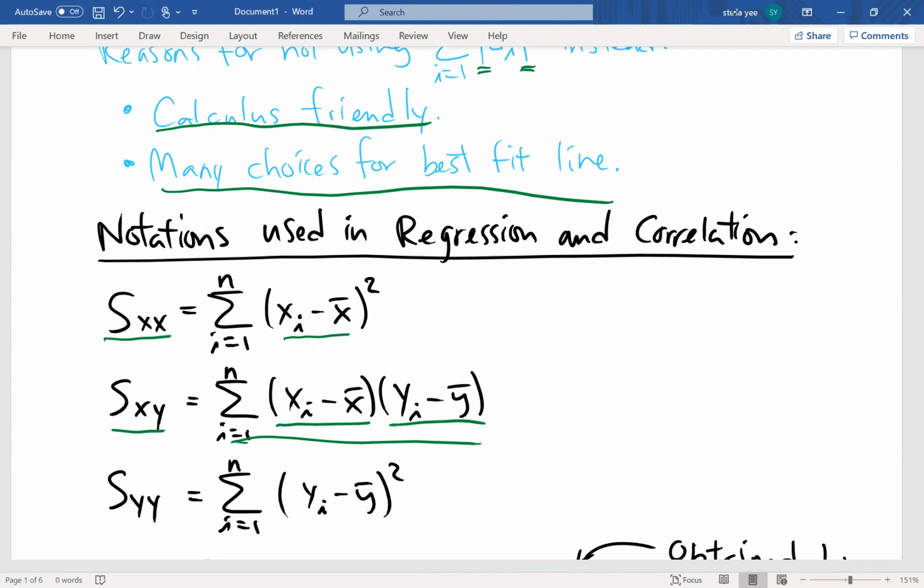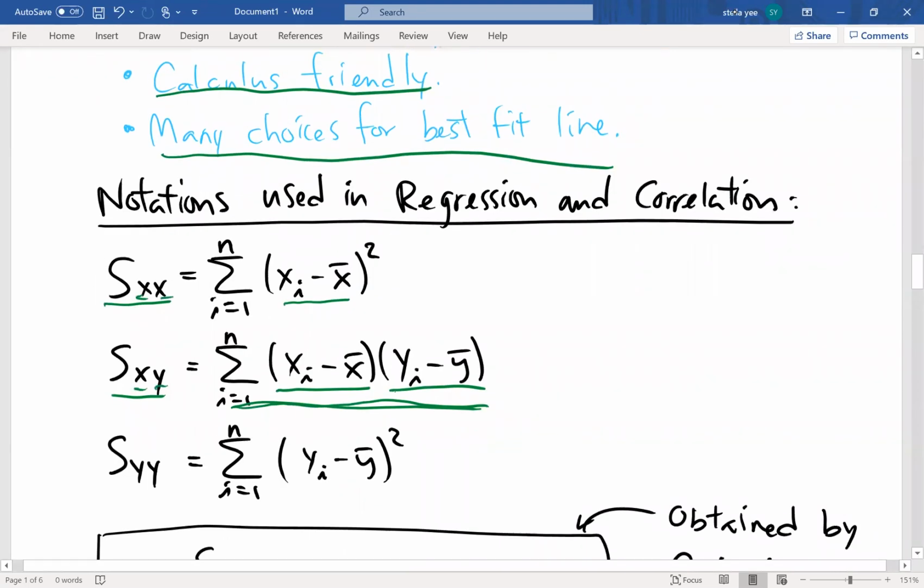You might notice that this was the numerator for the linear correlation coefficient r. We're using both x and y here, so this is called SXY. Maybe you can see the naming convention. We have a similar thing for SYY, so we multiply yi minus y bar twice and add those up. That's your SYY.